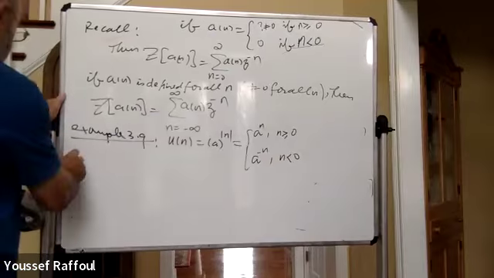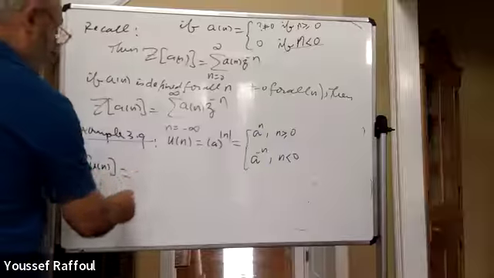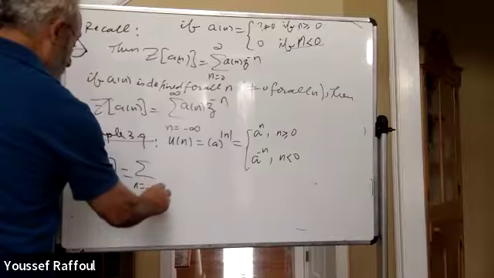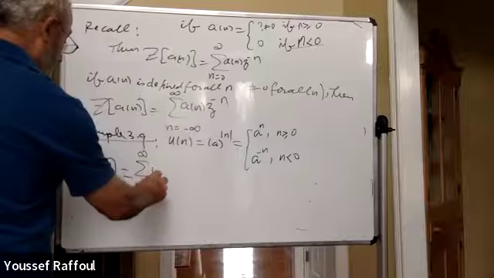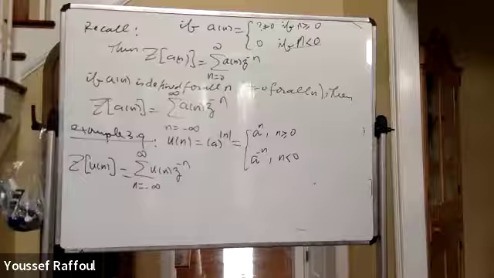Then if you are trying to find the Z transform of u_n, it is the sum from n equals minus infinity to infinity of u_n z^(-n).